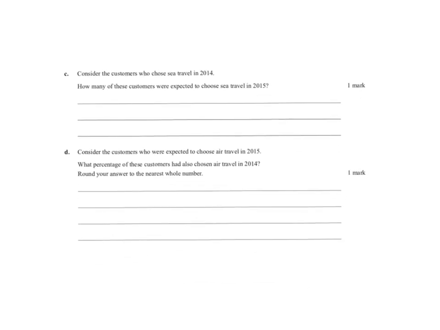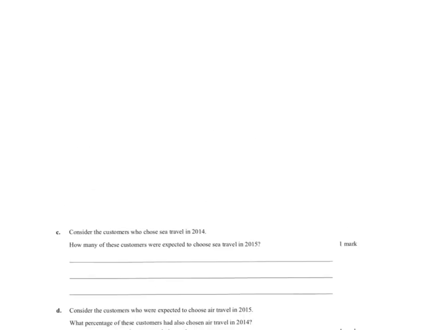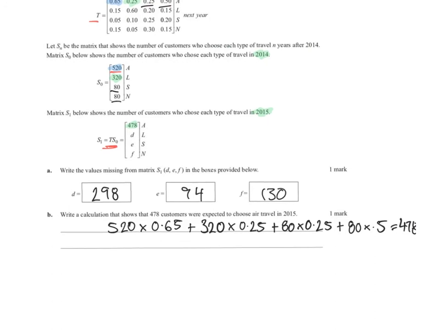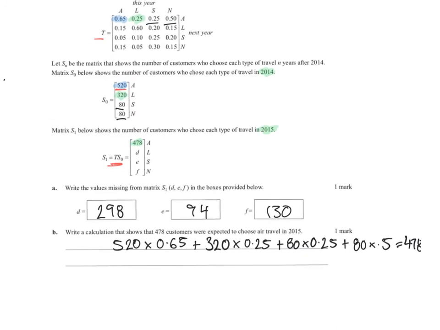Question C. Consider the customers who chose sea travel in 2014. How many of these customers were expected to choose sea travel in 2015? What we want to know is just the number of customers in sea travel in 2014. That was the 80 customers there.